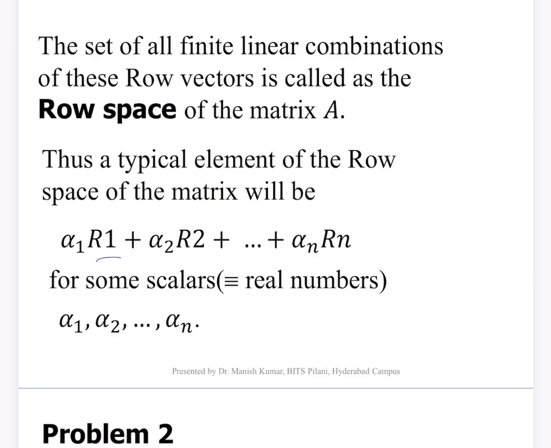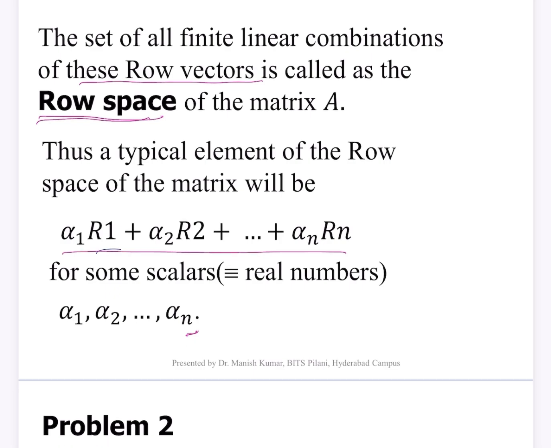Okay. Thus, a typical element of the row space of the matrix will look like this: alpha 1 R1 plus alpha 2 R2 and so on, a linear combination of row vectors for some scalars alpha 1, alpha 2, and so on. So the definition of row space means the set of all finite linear combinations of row vectors is called the row space of the given matrix.